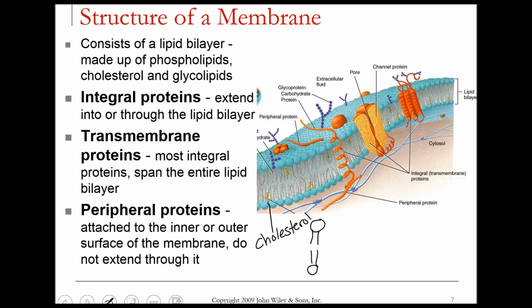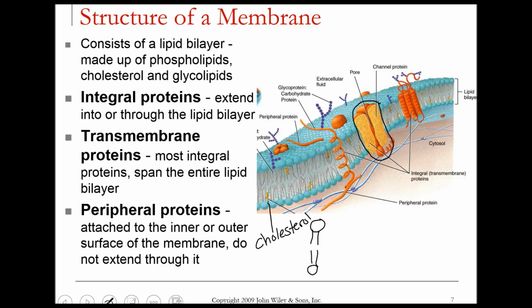If it does go all the way through or spans the entire lipid bilayer, we call it a transmembrane protein, and most proteins are transmembrane proteins. So here you can see one example of a transmembrane protein. You can see that that protein goes all the way through the phospholipid bilayer.